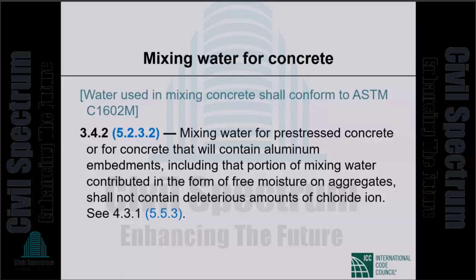Mixing water shall not contain deleterious amounts of chloride ion, and how much is deleterious is given in both BNBC and ACI 318-08. For that, you have to go to section 5.5.3.